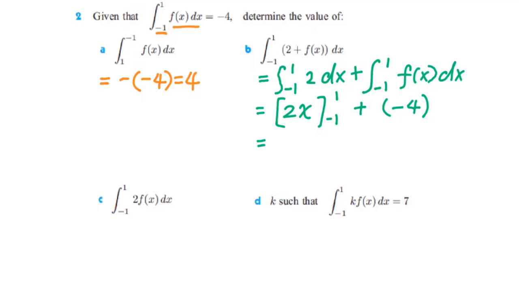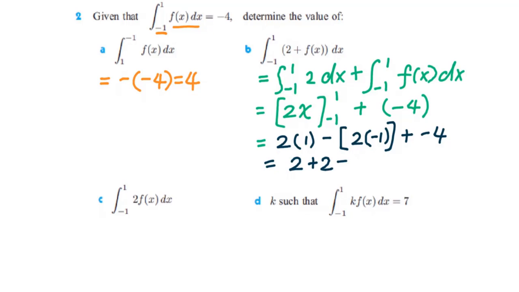So we get 2 times 1 minus bracket 2 times -1 bracket plus -4. So you get 2 plus 2 minus 4 equals 0.